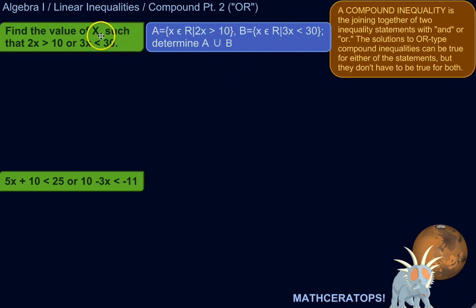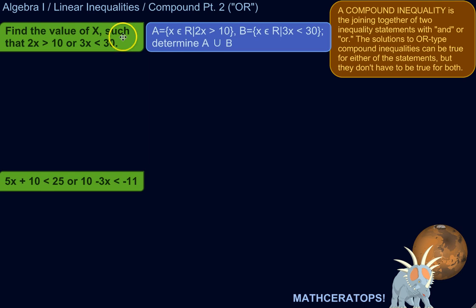What this says is: the set A is the set where x is a real number, not an imaginary number, such that 2x is greater than 10. The set B is the set where x is a real number such that 3 times x is less than 30. Determine the union of A and B.